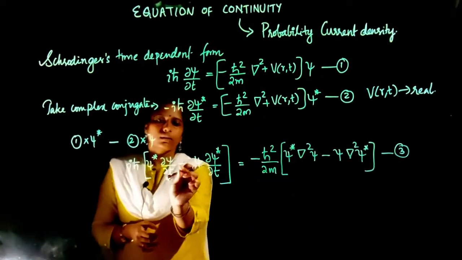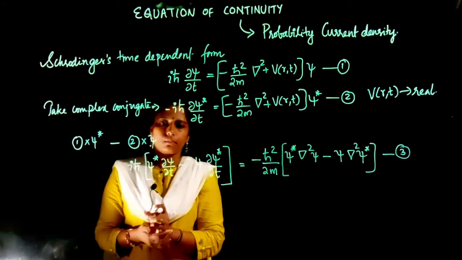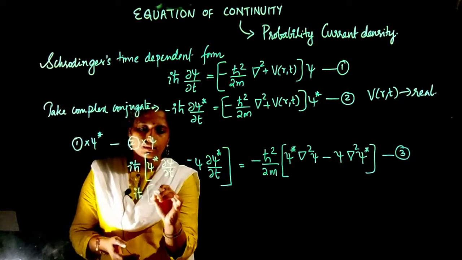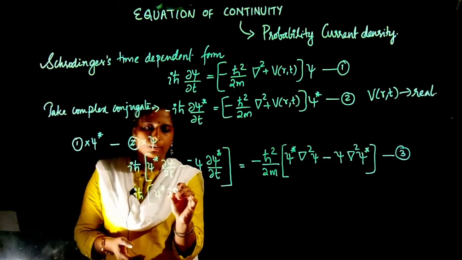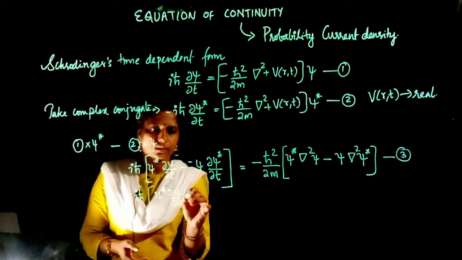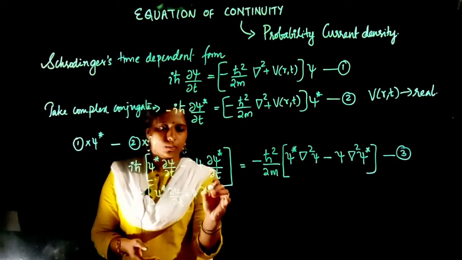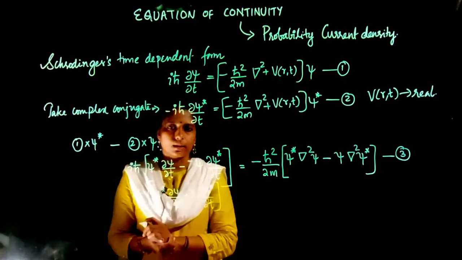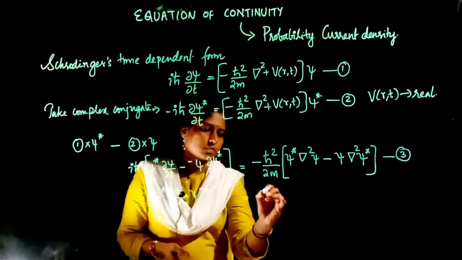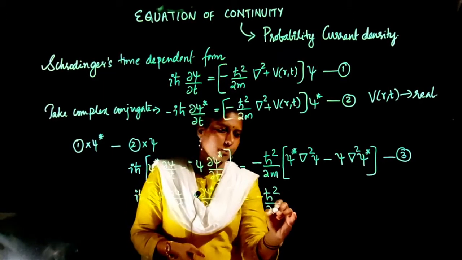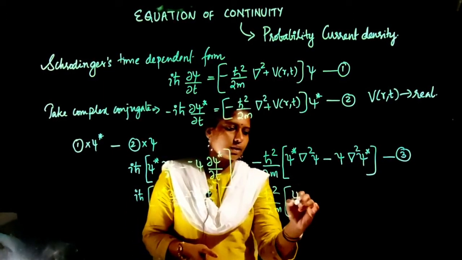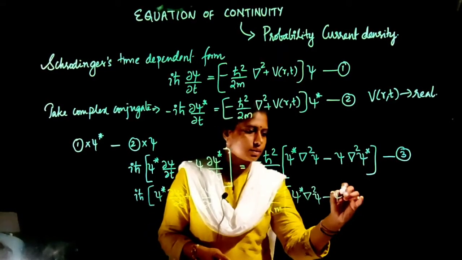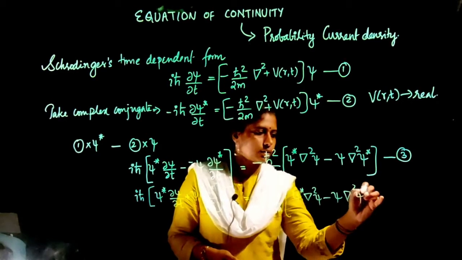You can see here this minus and minus get cancelled, it becomes plus, and we get iħ times ψ* ∂ψ/∂t plus ψ ∂ψ*/∂t. That's the left hand side, and here it is minus ħ² by 2m, ψ* ∇²ψ minus ψ ∇²ψ*.